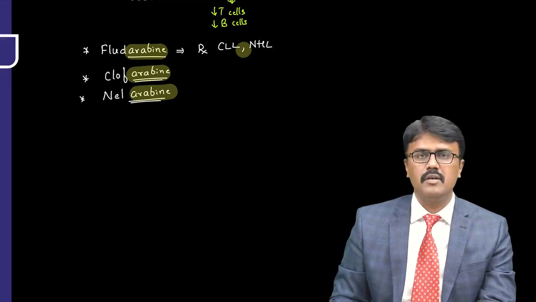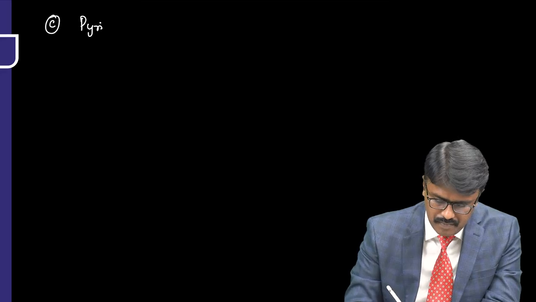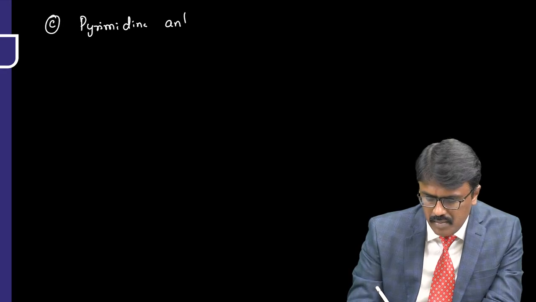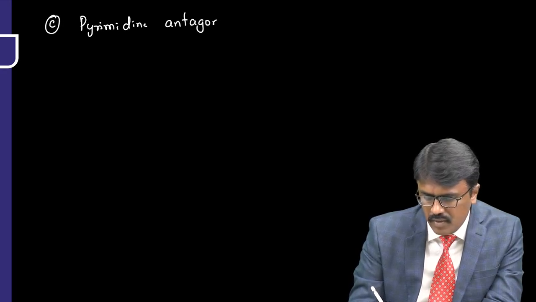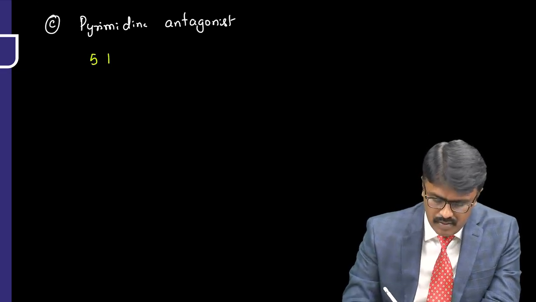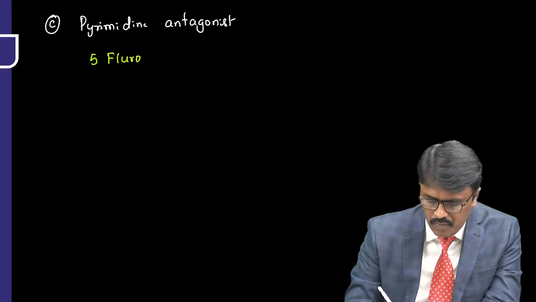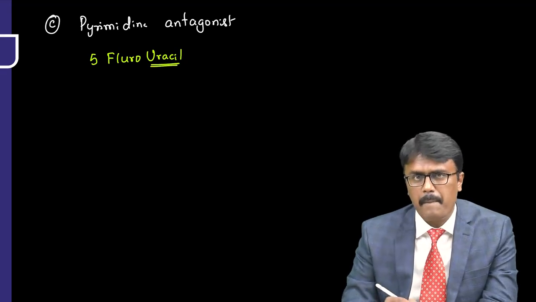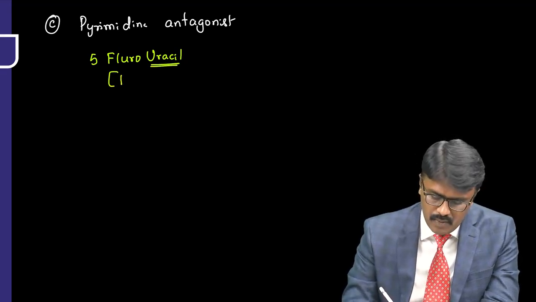Once we are done with purine antagonists, the next one is the pyrimidine antagonist. And the drug name is 5-fluorouracil. As the name suggests, it is uracil-uridine. Now, it's a prodrug.